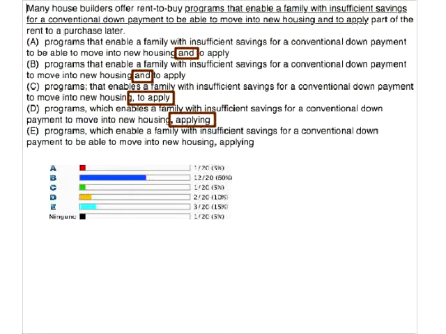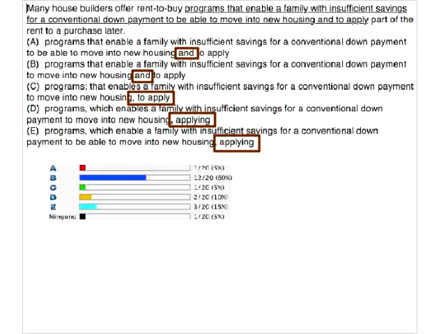But let's look at these two ideas again. So what are the two ideas that are connected? Well, it's two things that the programs let families do. So the number one thing that it lets them do is be able to move into new housing.